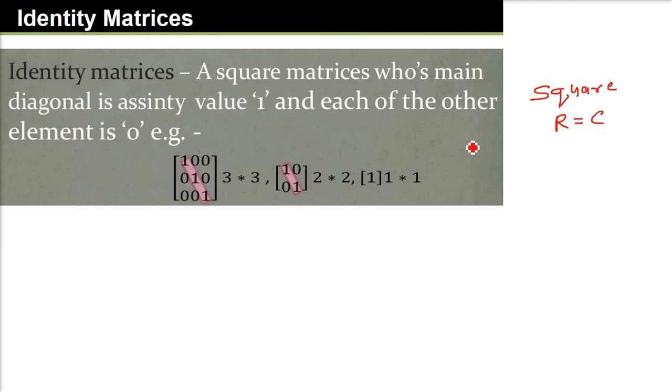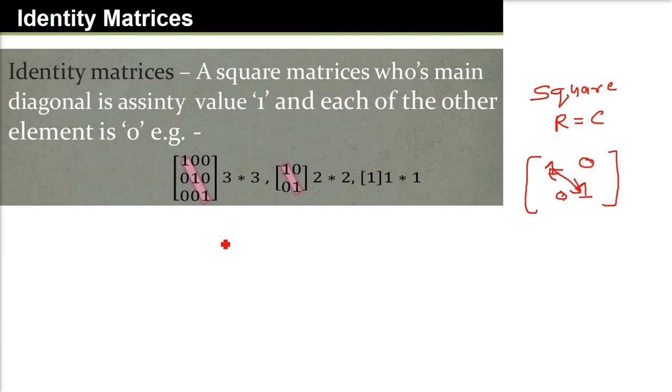So it is a square matrix whose diagonal is 1, other elements 0. The rows and columns have to be equal, then only you will get the diagonal. If I write 1, 1 at the diagonal, the other values are 0. This kind of matrix is called an identity matrix.